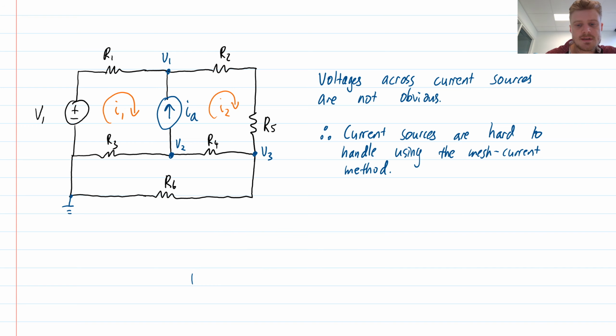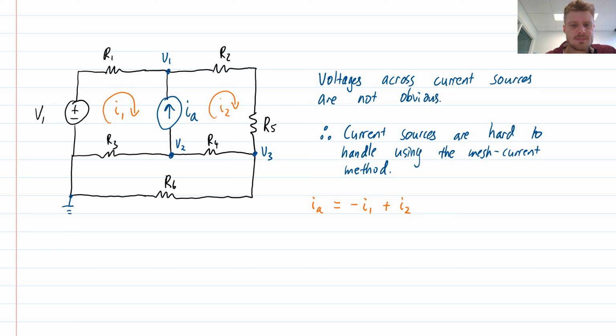In particular, if I look at this circuit, my current IA is going to be shared between I1 and I2. Looking at the direction of the arrows, it will be minus I1 and plus I2. So that's the meaning of the current source when you have these two separate meshes.